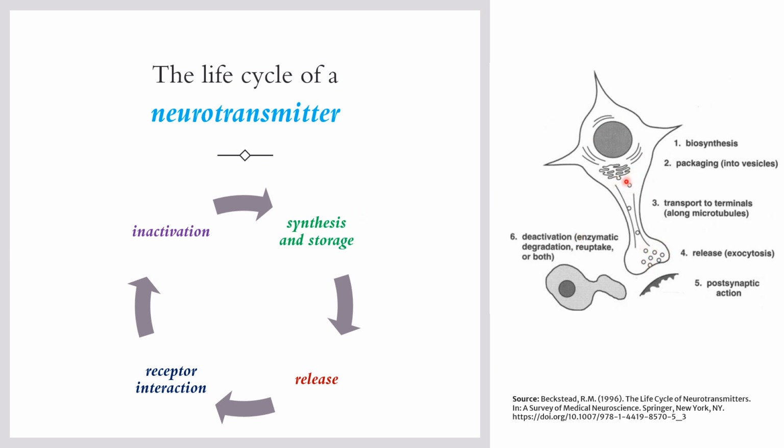It can be synthesized in the soma next to the endoplasmic reticulum and the mitochondria, because we also need energy to synthesize the neurotransmitters and package them into vesicles. The second way is to synthesize them next to the axon terminal.